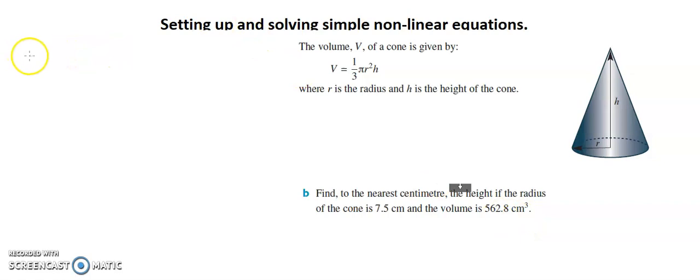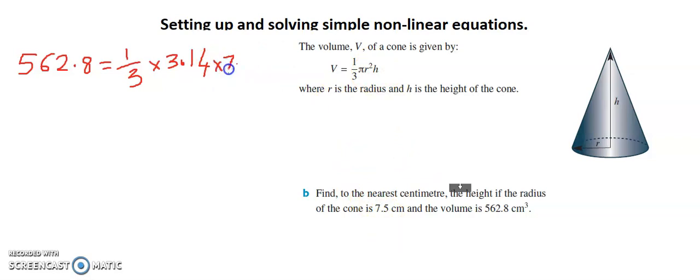So again, I'm just putting that information into my equation. 562.8 is equal to 1/3 times 3.14 for pi. I know the radius this time, it's 7.5. So times 7.5 squared times h.